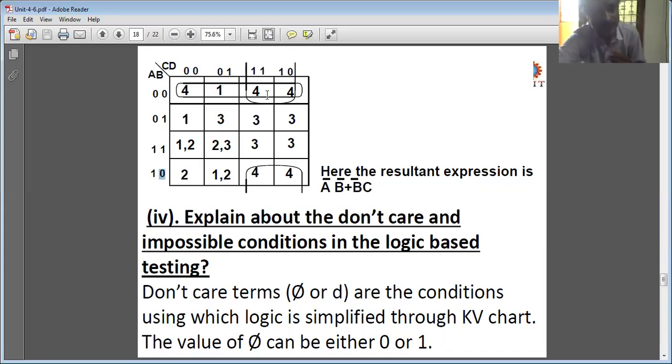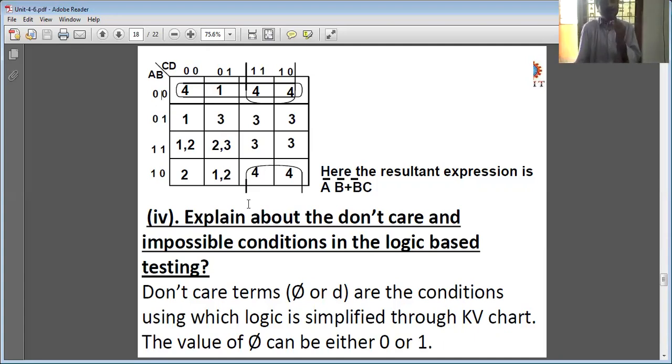For this 1, common is C. So B bar C. Don't consider A, because for these two cases, which is common? C is common here for this case and this case. Similarly, for this case and this case, 0 is common. That is B bar.